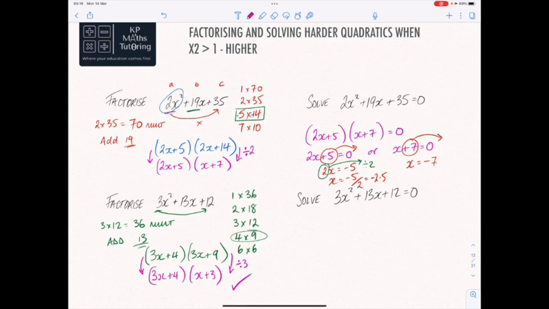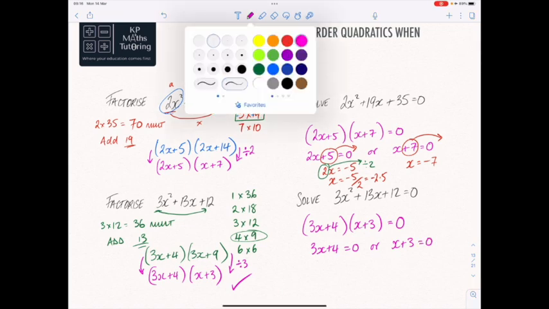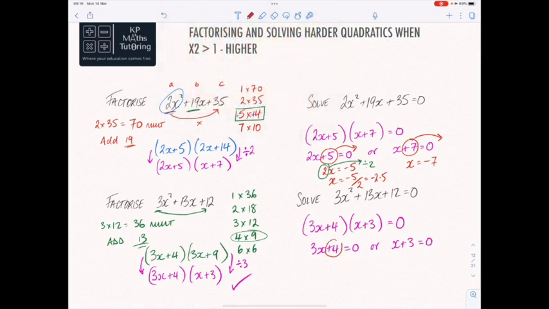Okay, so looking at that, what we can do is go on to the solving part. So if it was equal to 0, we're saying 3x plus 4 and then x plus 3 is equal to 0. So 3x plus 4 is equal to 0, or x plus 3 is equal to 0. From here, you then take the plus 4 over the other side, and it becomes 3x is equal to minus 4.